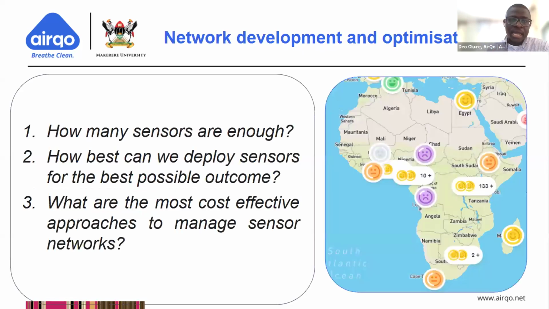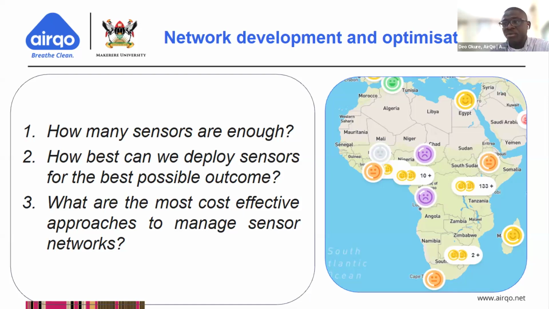And to add to that, I think there are three critical questions we will try to address here. First, when you're talking about network design, how many sensors are enough? How many sensors do we say, okay, fine, for this particular area, the city, this is where we stop? Secondly, how best can we deploy the sensors to get the best possible outcomes?